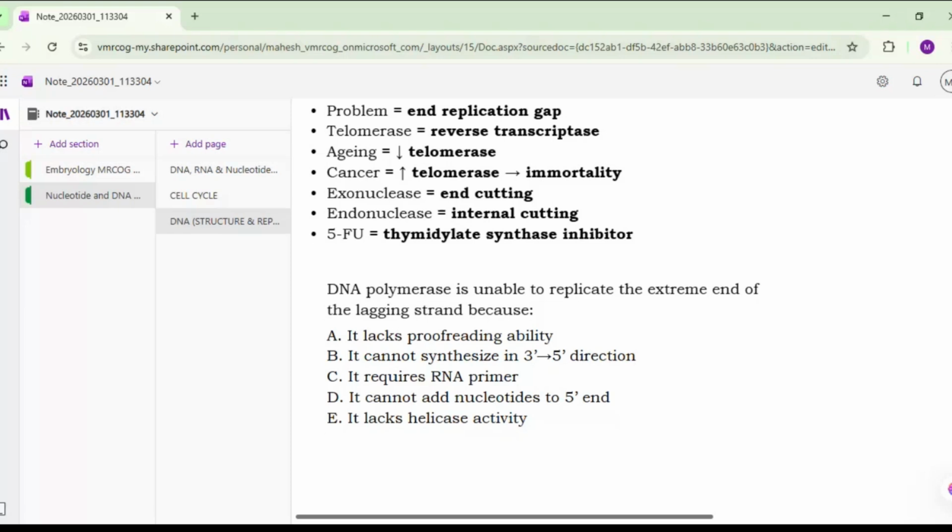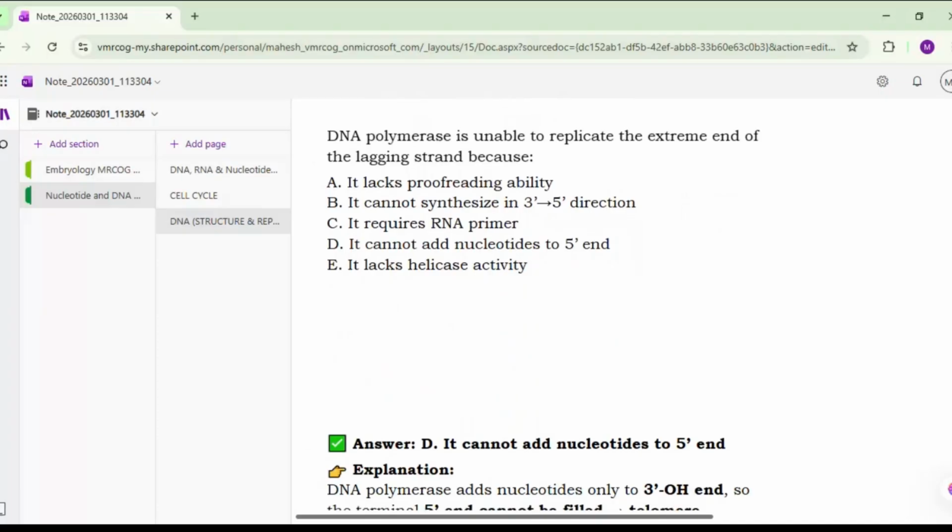It cannot add nucleotides to the 5' end. The answer is that it cannot add nucleotides to the 5' end. It requires an RNA primer with a 3' end for beginning the synthesis.